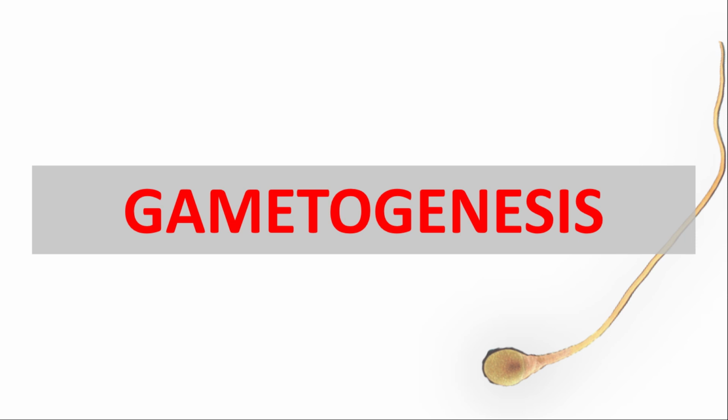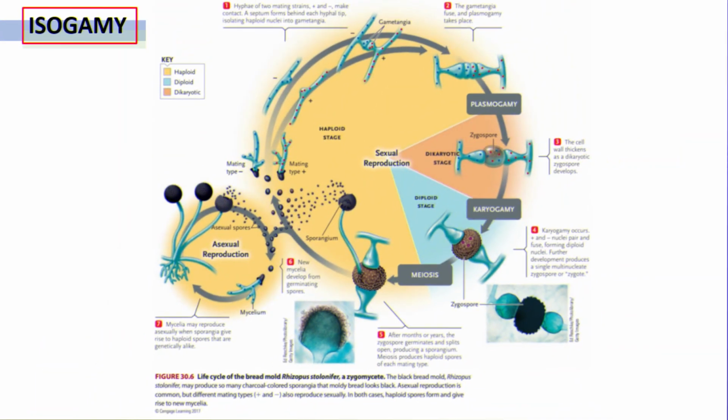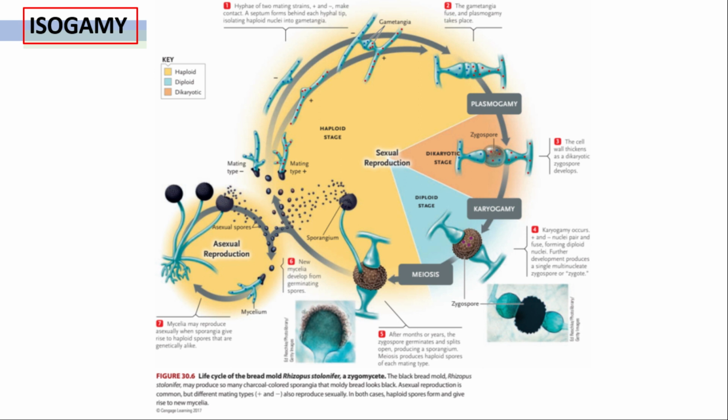Let's now talk about gametogenesis proper. Relevant to the discussion of gametogenesis are two terms, isogamy and heterogamy. When we say isogamy, ito yung phenomenon kung saan yung dalawang gametes na pinoproduce ng isang organism cannot be distinguished from one another on the basis of morphology. Iso meaning the same. Example nito ay sa isang fungus species na pinapakita sa slide.